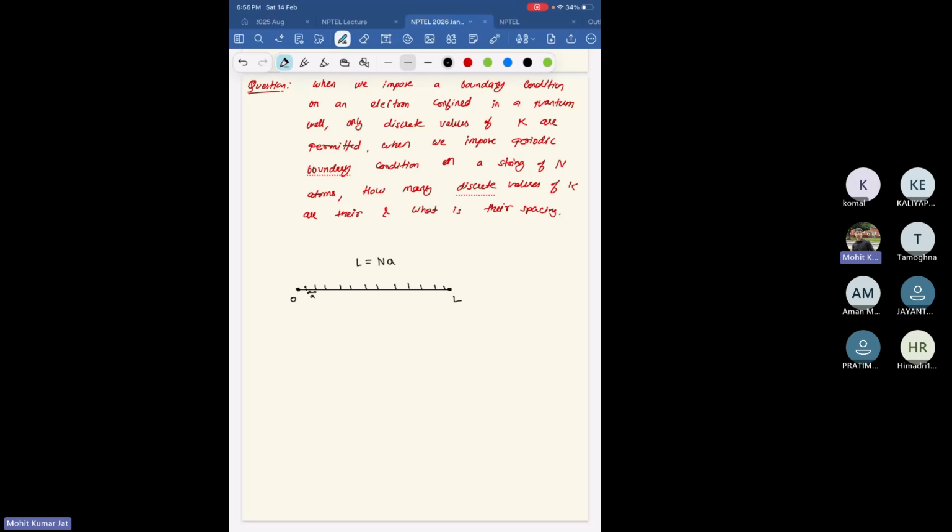Bloch theorem says that the wave function psi(x) is u(x) e to the power i k x, where u is the periodic function and e to the power i k x is the plane wave.